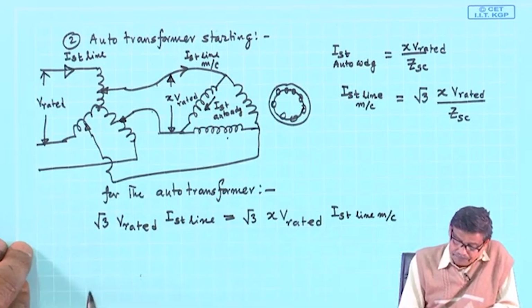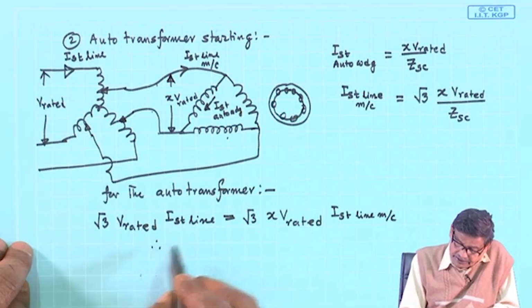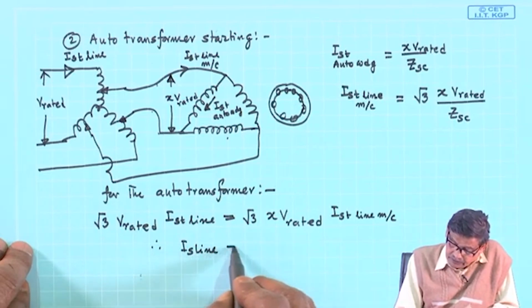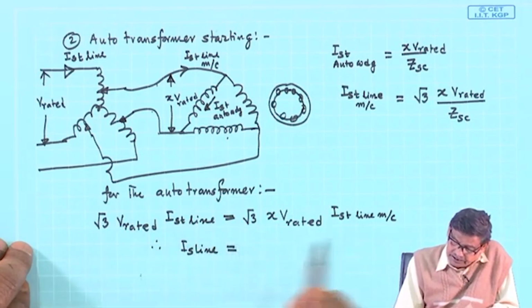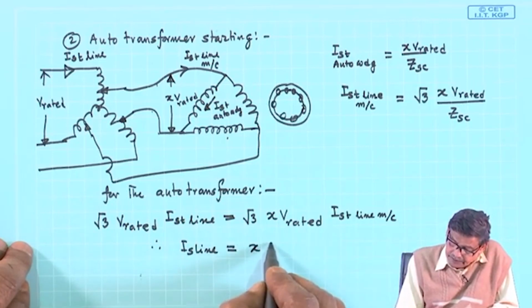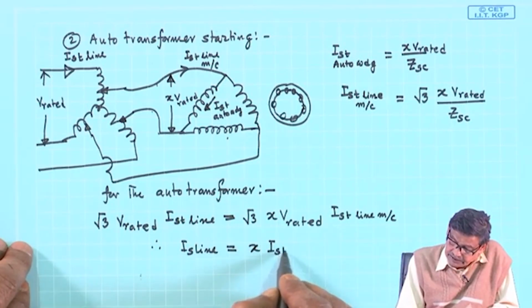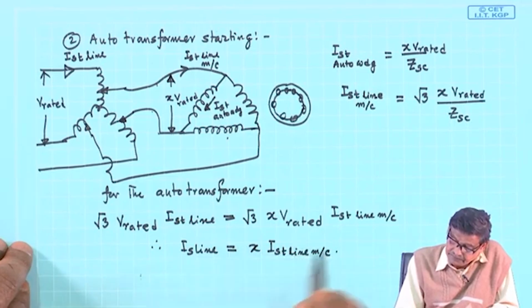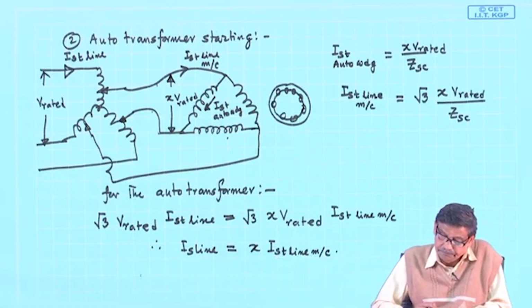These two are the same, and therefore I starting line will be equal to root 3 x V rated into I starting line machine divided by root 3 V rated.